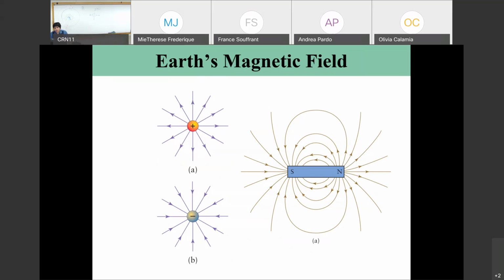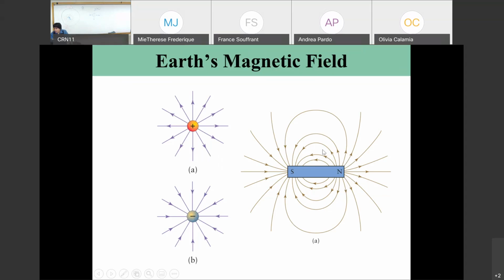Look at the difference between the magnetic field between the north and south poles of a magnet and the electric field between the positive and negative charge. Of course, if we were to put together the positive and negative charge, like not together but close to each other, you will see electric field lines leaving the positive here, there, going towards the negative.